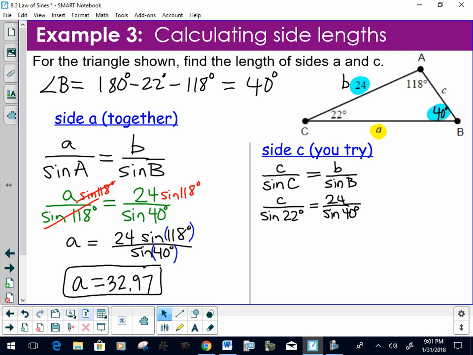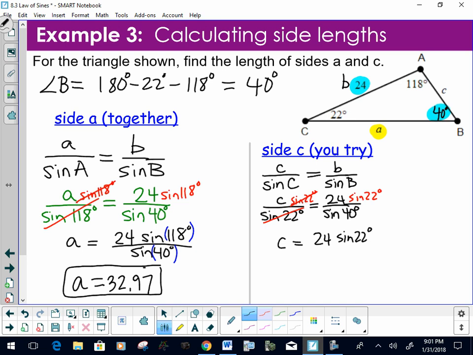So again, if we're solving for side C in this equation, we would just multiply both sides of our equation by the sine of angle 22. And we get C is equal to 24 sine 22 degrees over sine 40 degrees.